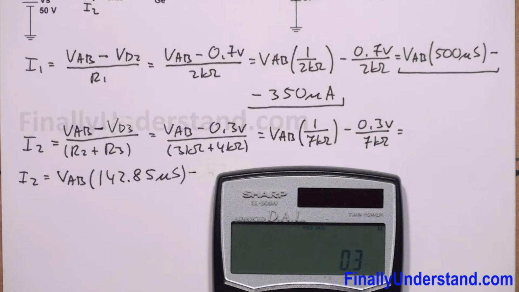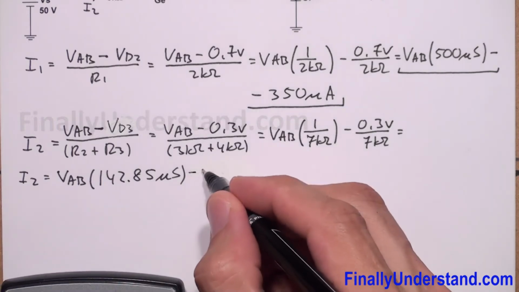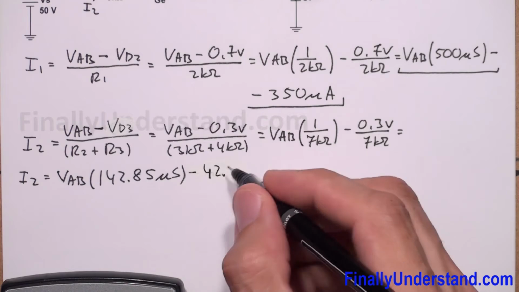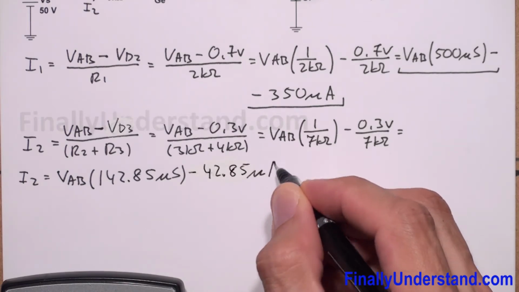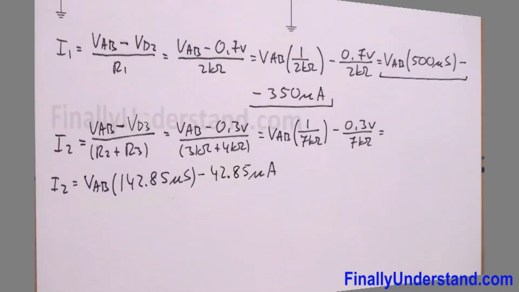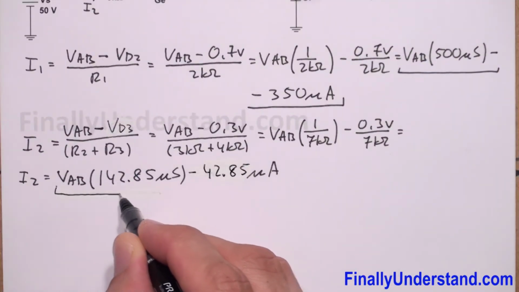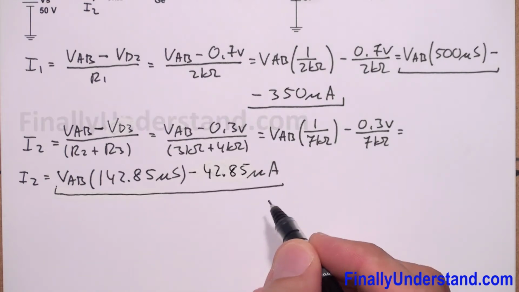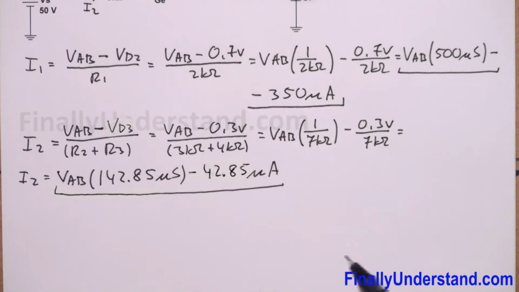So I have 0.3 volts divided by 7 times 10 to the third. I got 42.85 microamps. So this is my I2. This is the current which will go through this branch.